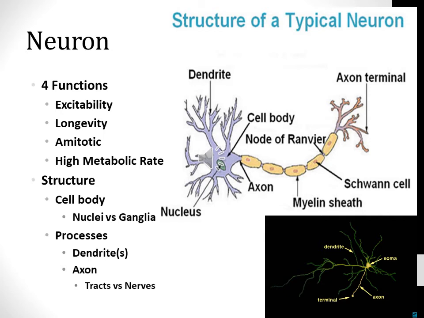A couple other things you see on this picture. You have an axon hillock. Well, it's not labeled, but it's essentially a cone-shaped area where the axon arises at the cell body. So where it says axon on the picture would specifically be the axon hillock. Then you have those axon terminals, which I already kind of mentioned.